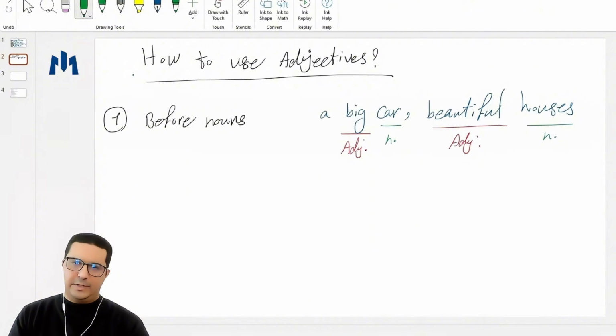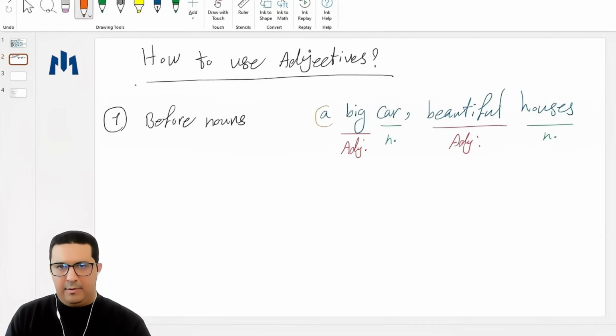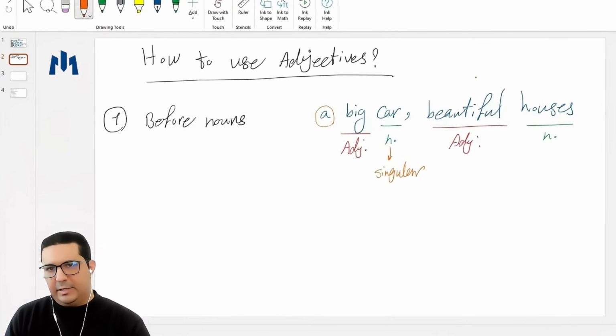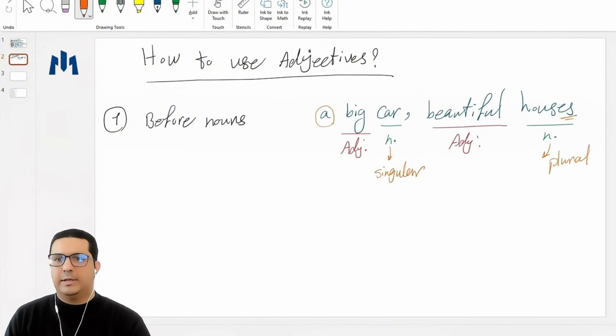But there is a point. Look at this part. Here I used a because we have a singular noun. But for the next one, I said beautiful houses. This is a plural noun. Because of this, I can't use a or an.